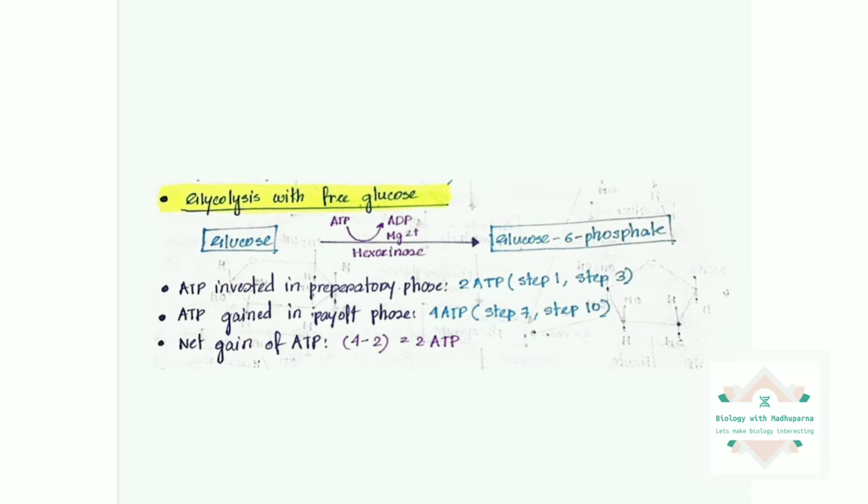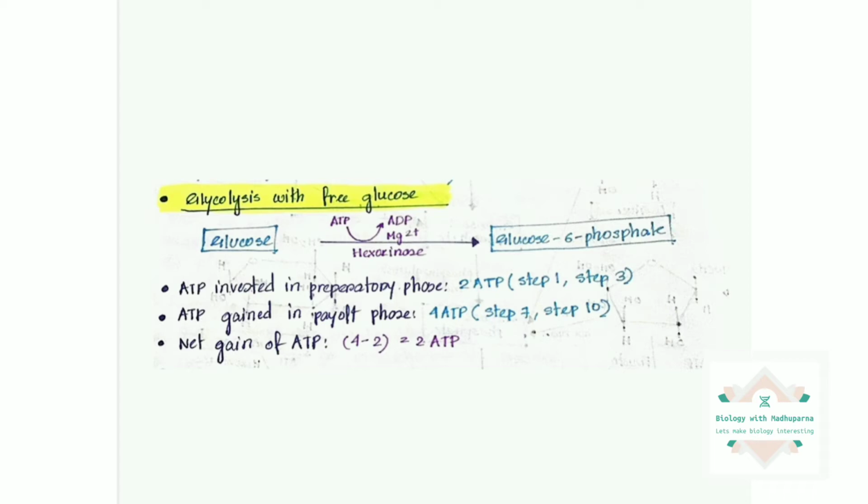We know that glycolysis has two phases, one is preparatory and one is payoff. Usually in the preparatory phase we invest the ATPs, and in the payoff phase we gain the ATP back. So first, in our first reaction, which is via phosphorylase, we will see if glycolysis is happening via this phosphorylase method, how many ATP we need to invest, what is the gain of ATP and what is the net gain of ATP.